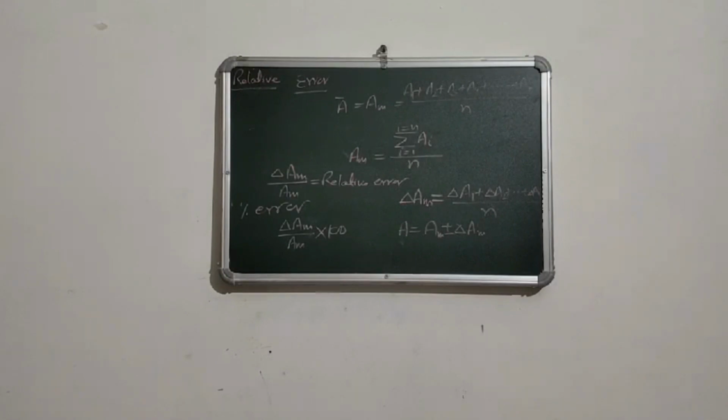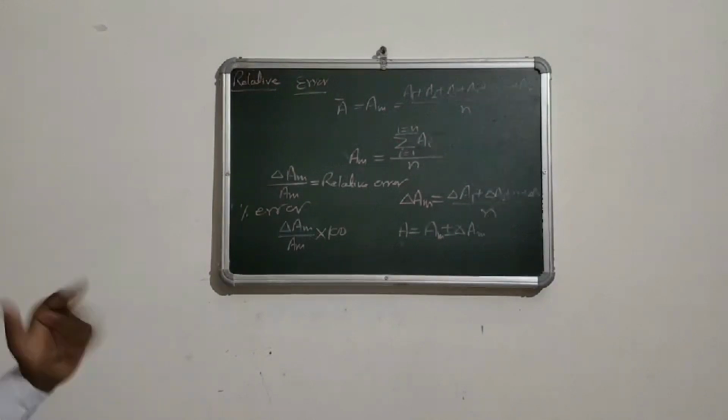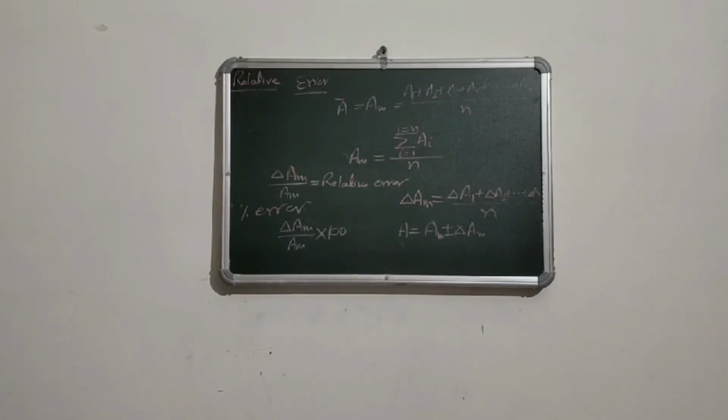Clear? So here we discussed four points: first is the absolute error, second is the absolute mean error, third is relative error, fourth is percentage error. Clear?